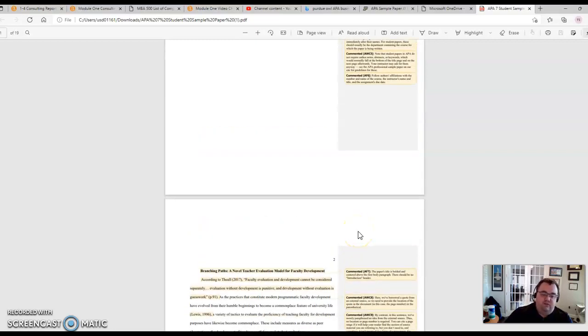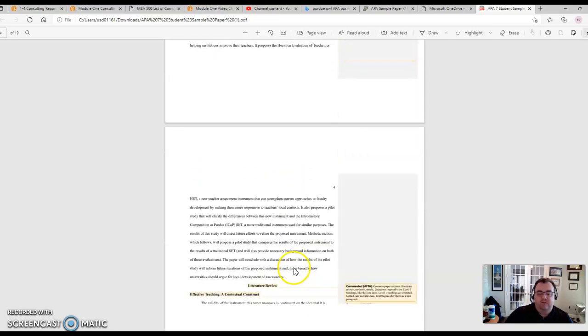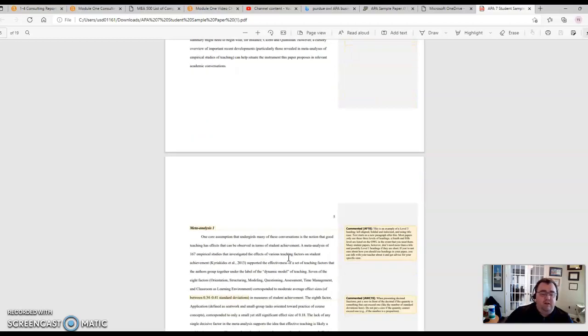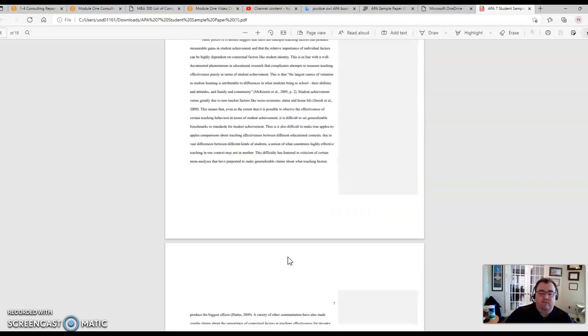Sometimes you would insert an abstract. That's not a requirement for me, but a cover page and the citations are key, right? So then that would be the meat of your paper. It needs to be a couple pages. Try to keep it to 2 or 3 pages. Don't let it go very long.